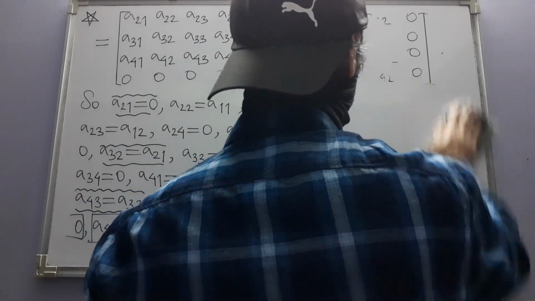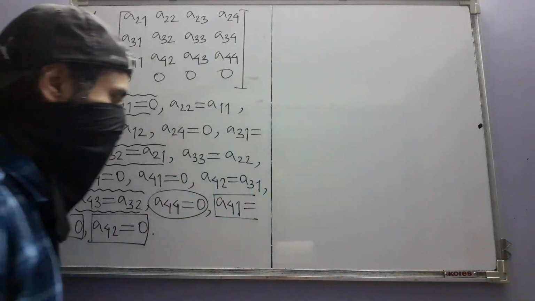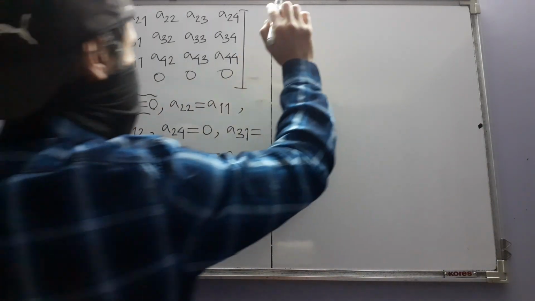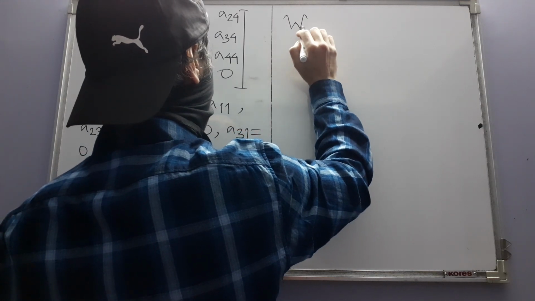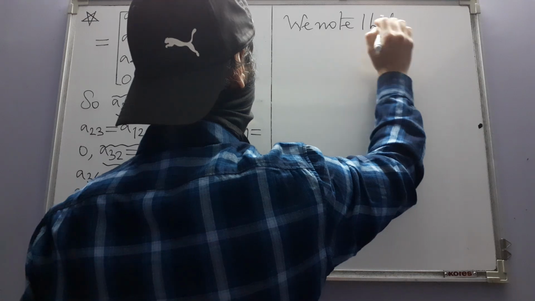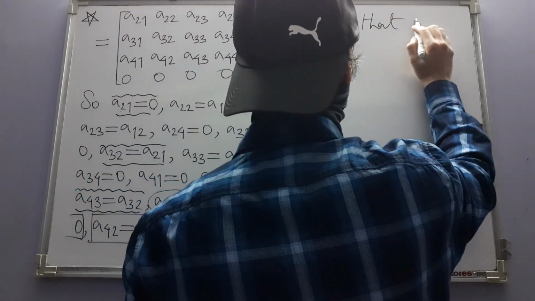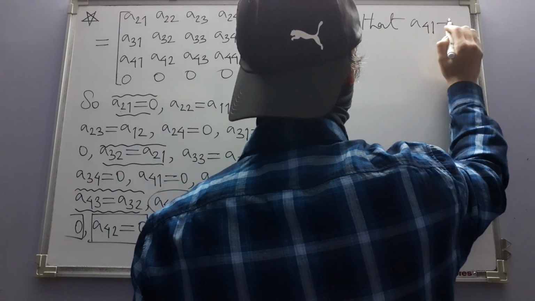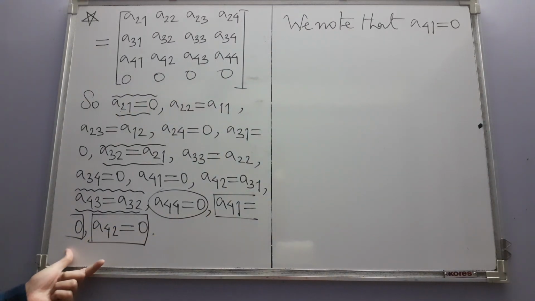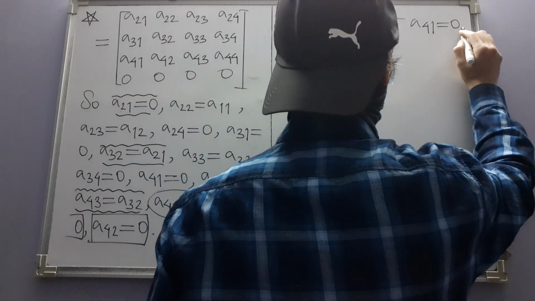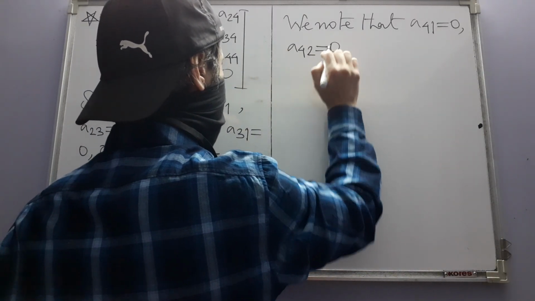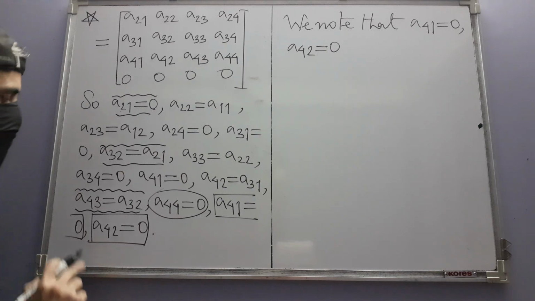So now we write this observation. We note that A41 is equal to 0. A42 is also equal to 0.